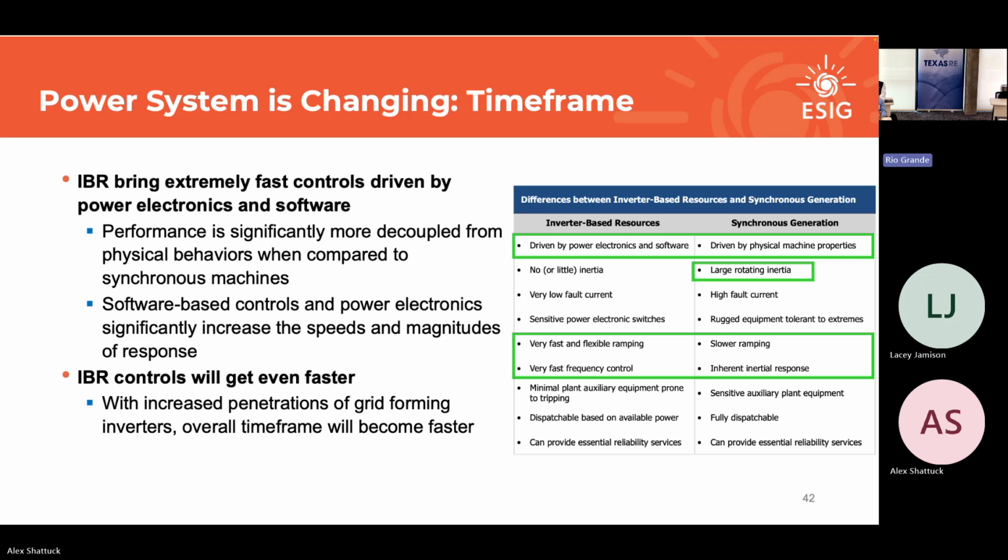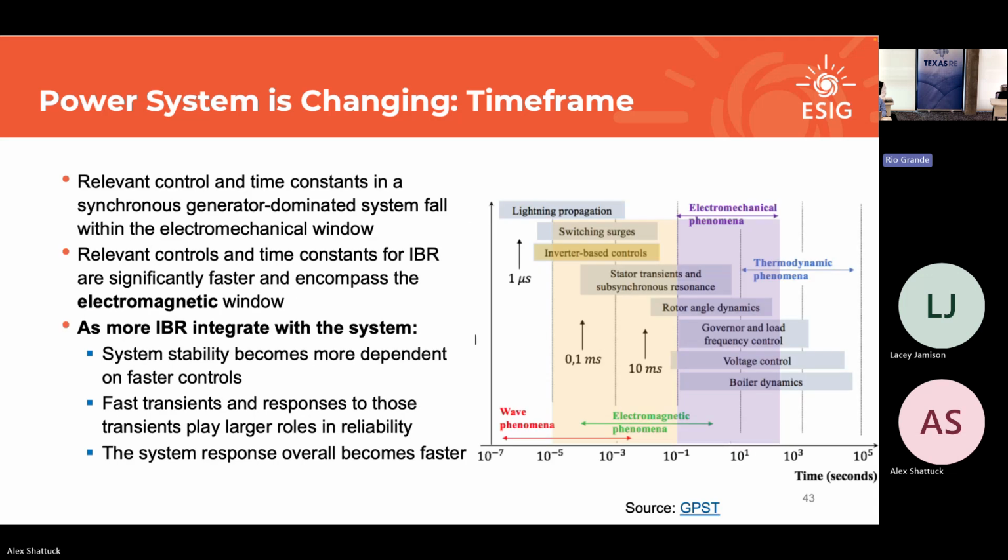So what that means, based on the software-based controls, is that as we keep interconnecting more IBRs into the system, we're shifting that window of time frame to the left, right? As we put more and more fast controls on the system, and take off slower controls, the average window is shifting to the shorter time frame. So it's going to continue to happen.